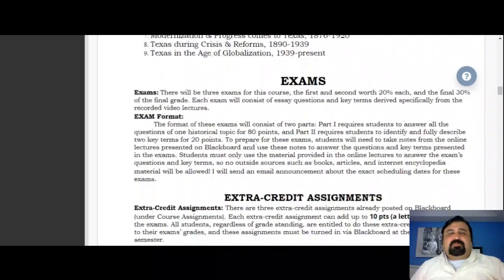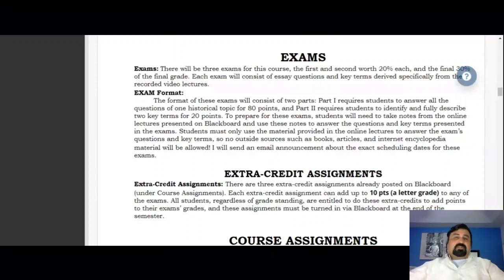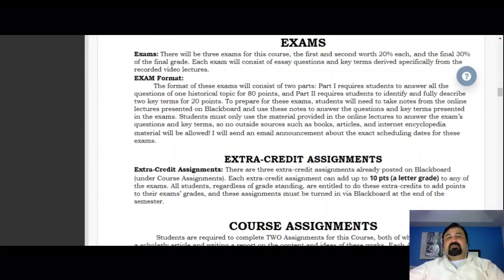So again, the exams, there will be 3 exams, as I mentioned. The first and the second will be worth 20% each, and only the final will be worth 30% of the final grade.